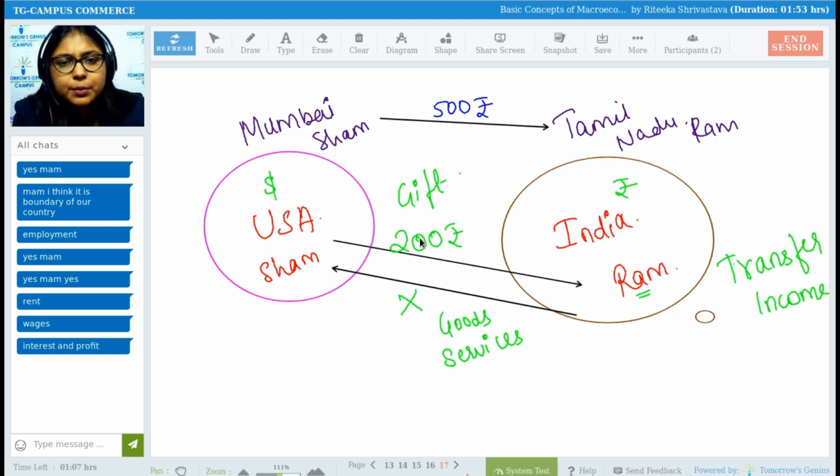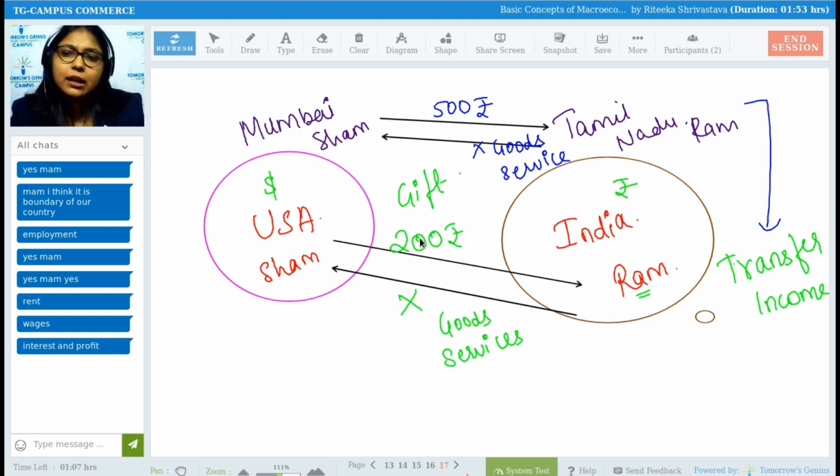Sham is transferring 500 rupees to Ram. And in return, Ram gives him nothing. No goods, no services. So again, this is a transfer income for Ram. Because Ram is not going to provide any kind of goods and services to Sham. Sham is just giving him the money as a gift, as a token of love.